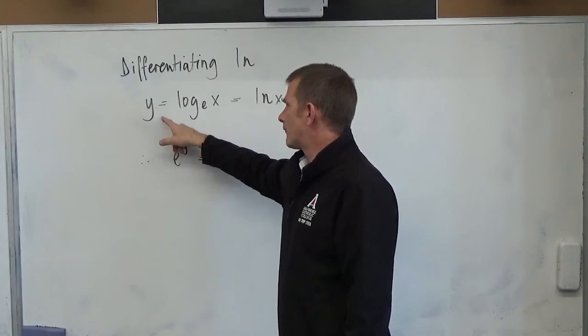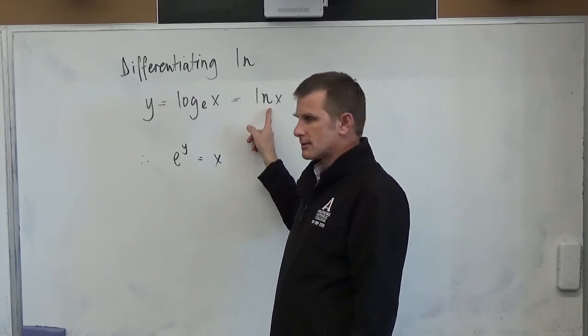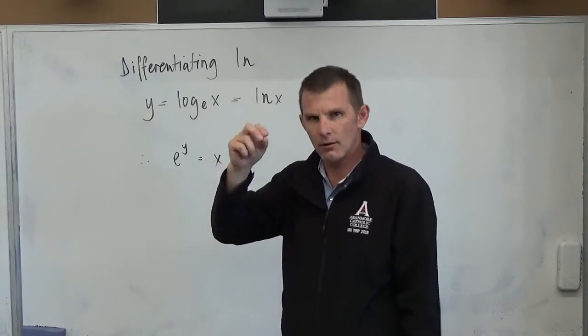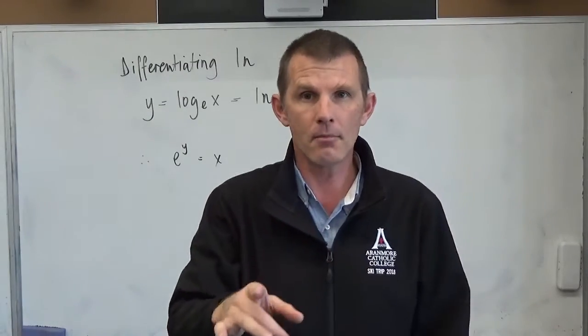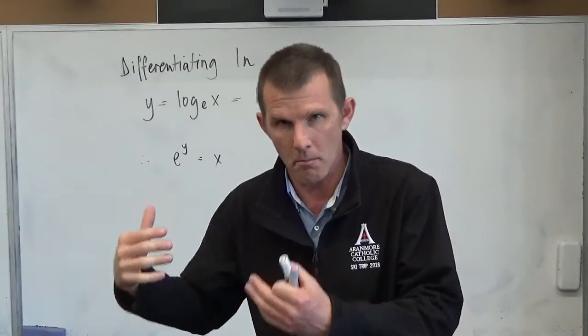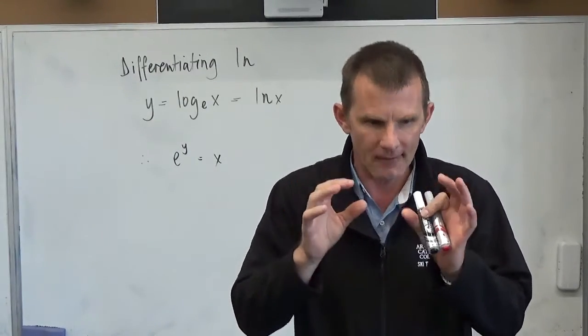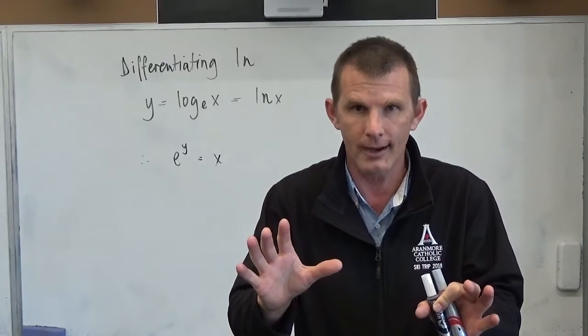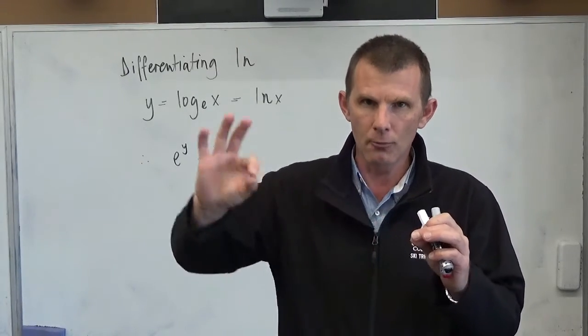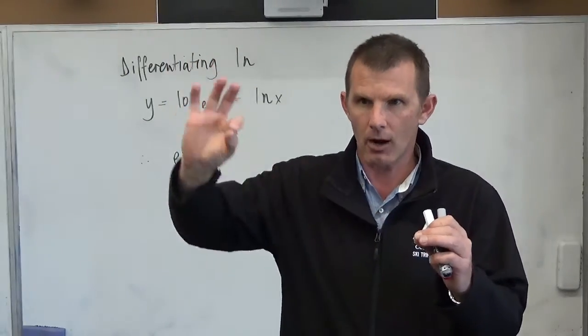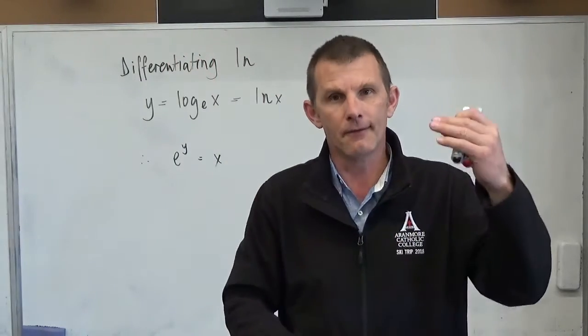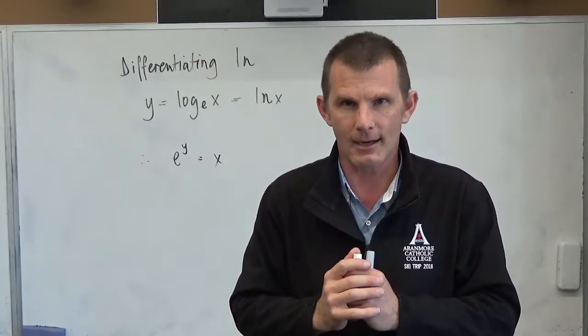Now, differentiating natural log of x, see it like this. It's log base e. And if you remember, when we did logs and we did base e, e is that fantastic number, 2.718, where the slope of the graph is equal to the value of the graph for any x value.